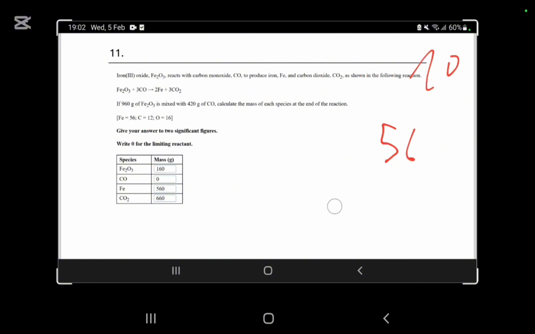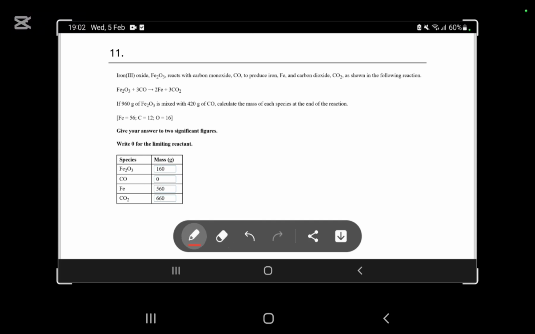Then again we do the same thing for CO2. Since the ratio between the moles of 3CO and CO2 is equal because of the coefficients being equal, the moles of CO2 is 15. So we do 15 times the molar mass of carbon dioxide, which is 44. 15 times 44 equals 660.